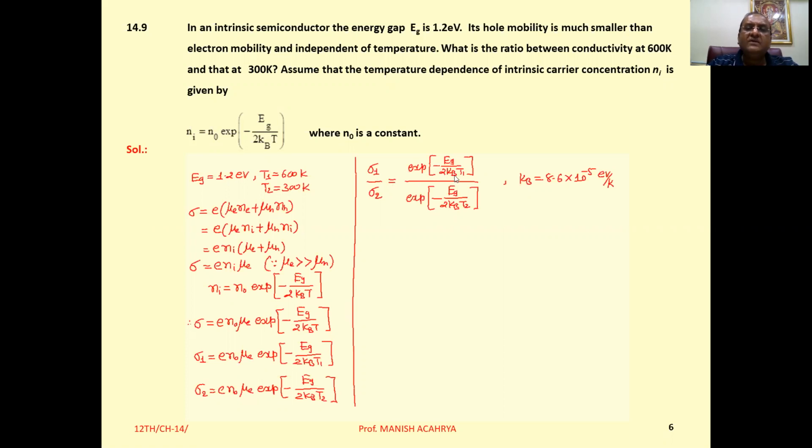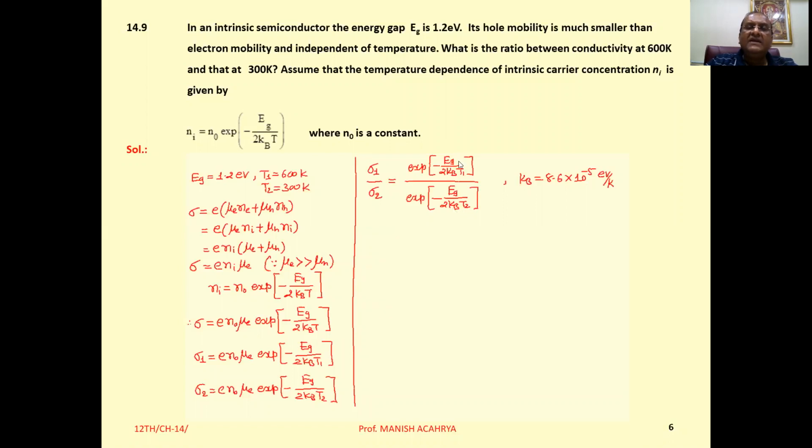Exponential minus Eg upon 2 kB T1 divided by exponential minus Eg upon 2 kB T2. And now take this denominator in numerator, and then you can write exponential this plus this.